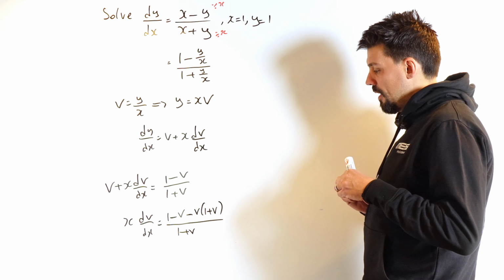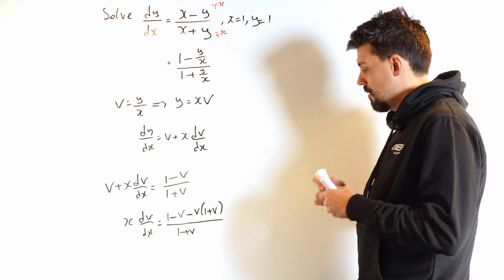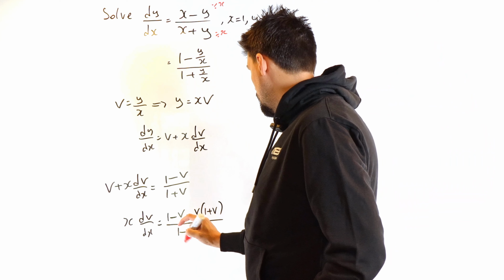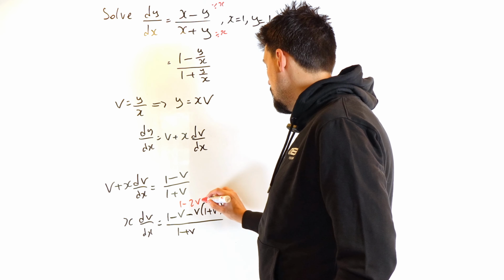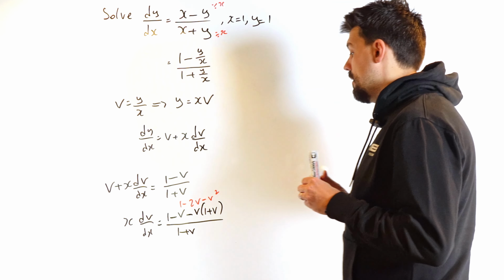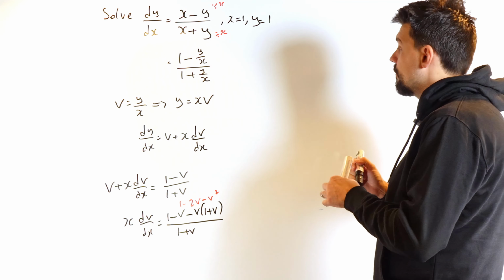So what do we end up with if I tidy this up? I end up with 1 minus 2v minus v squared. Okay, so let's reconstitute all of this into one big, nice differential equation.